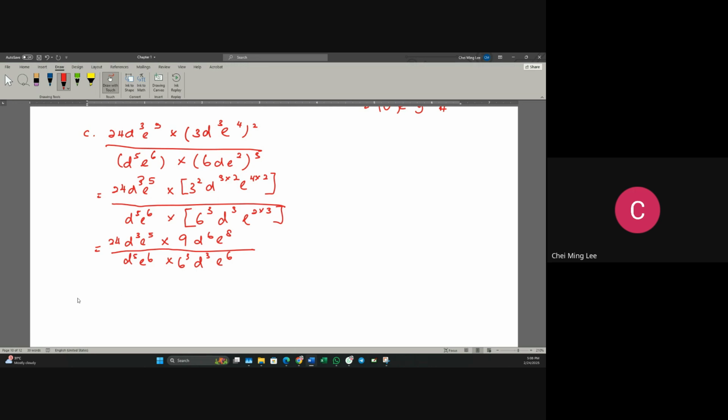Now we solve top and bottom. For the top one, first 24 times 9. Then d to the power of 3 plus 6, e to the power of 5 plus 8, divided by 6 to the power of 3, then d to the power of 5 plus 3, e to the power of 6 plus 6.